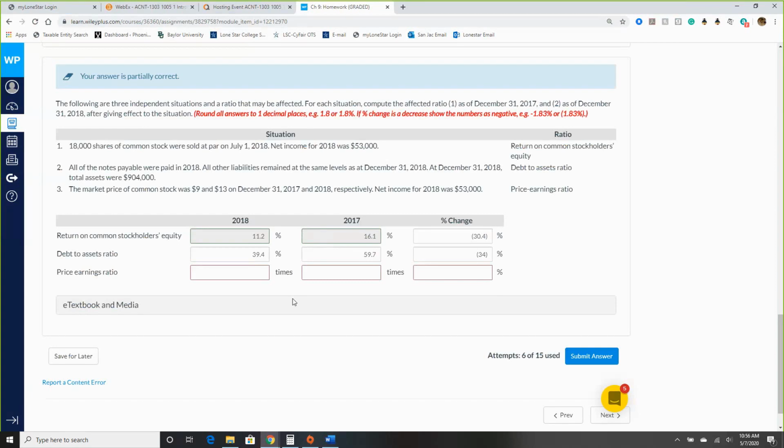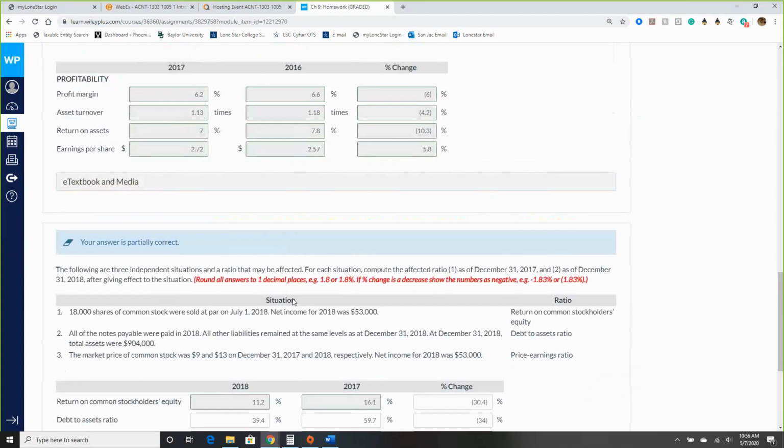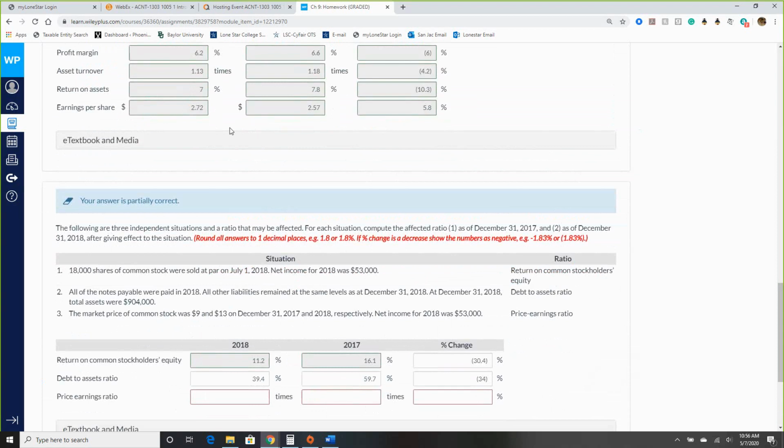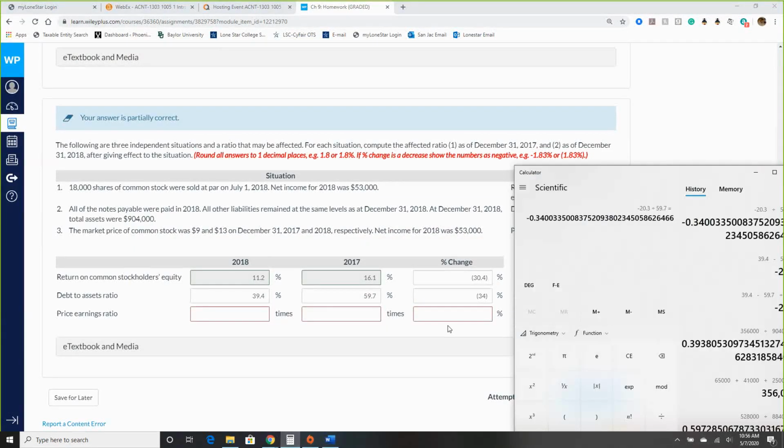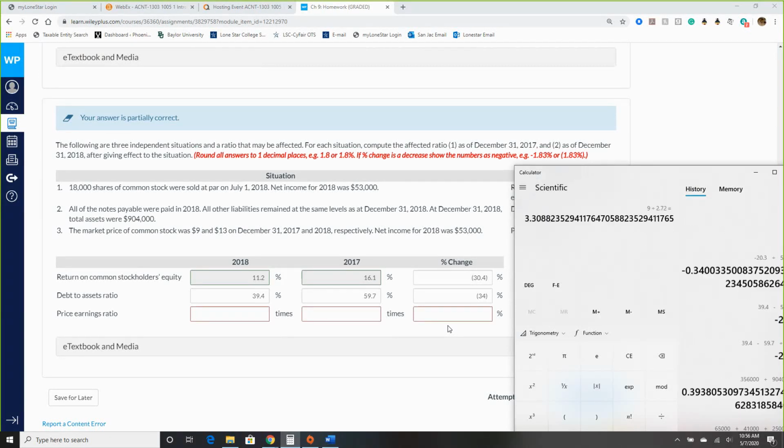For 18, we already know for 17 it's 2.72. And 17 was $9 market price. Market price divided by earnings per share, divided by 2.72 is 3.3.